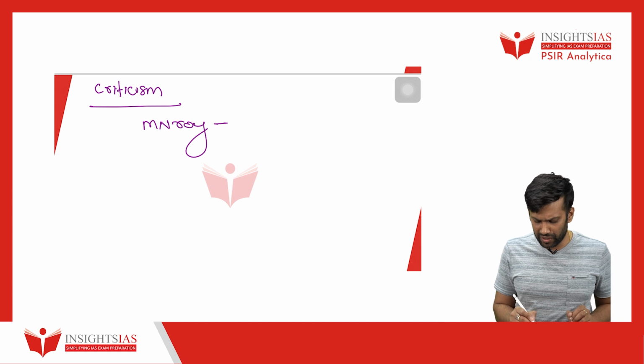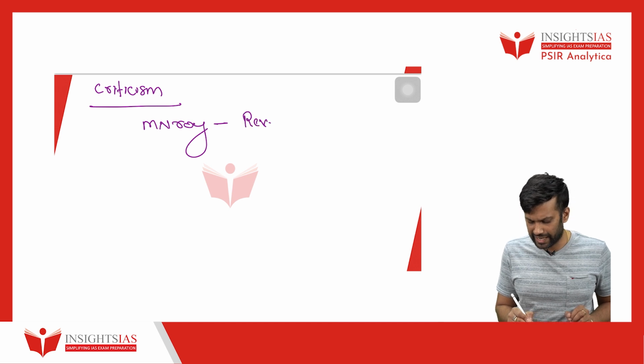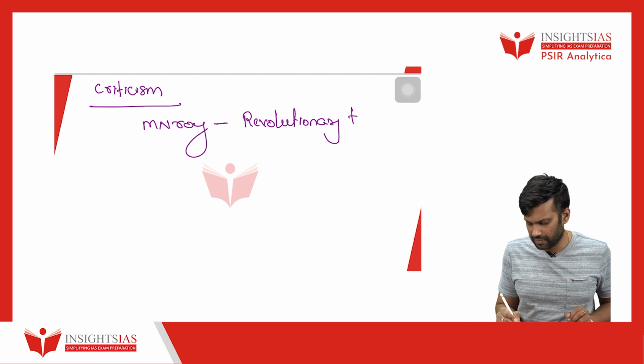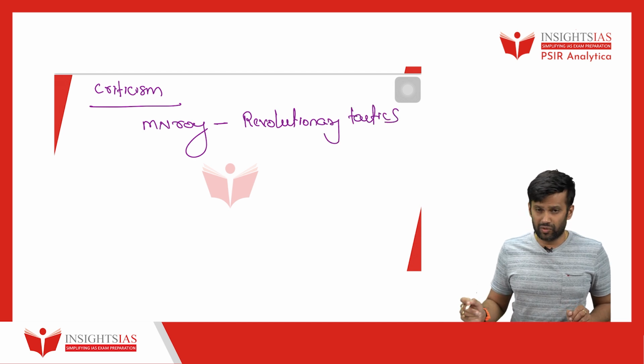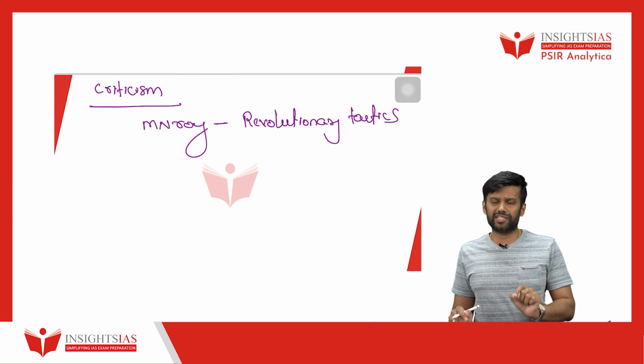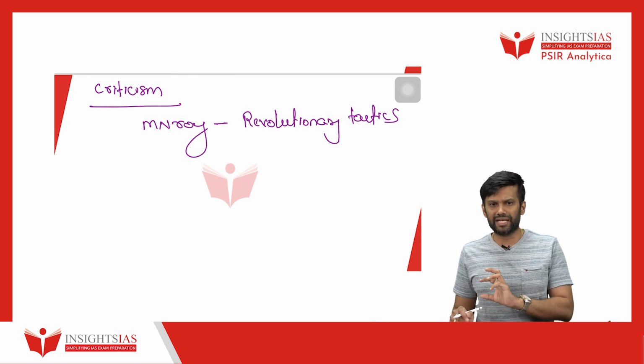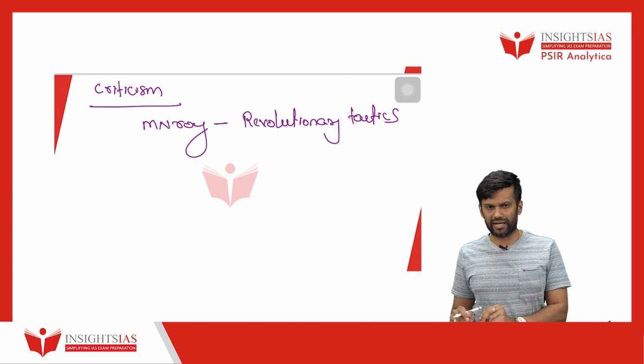It did not involve any kind of revolutionary tactics. M.N. Roy accuses that Gandhi's strategy of Satyagraha prevented the masses from participating in large numbers and took away the revolutionary character of the movement.